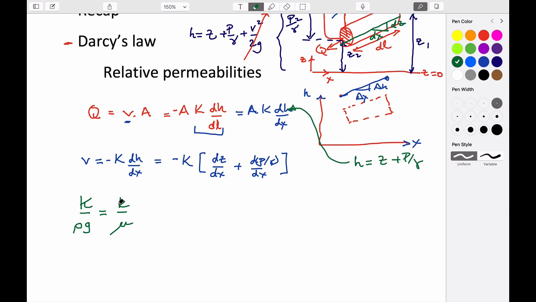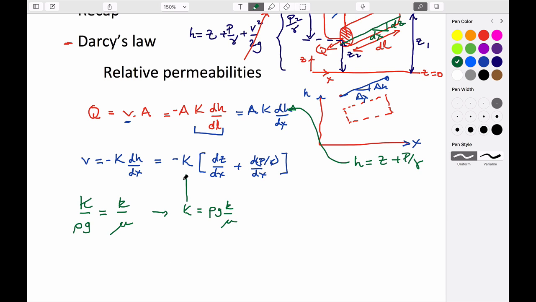Units of this are permeability, which are meters squared. They don't change for the material that you're talking about, whereas this would change if you flow different fluids through it. So what we could do is rearrange this and substitute in this. If I just rearrange this to give hydraulic conductivity is equal to density, gravity, permeability over viscosity.